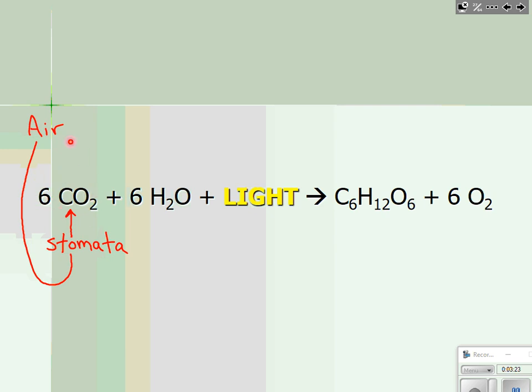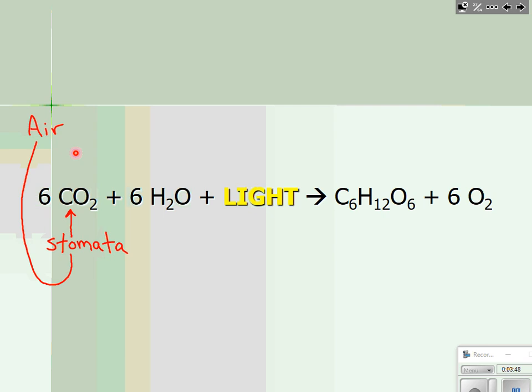Carbon dioxide is given off as a waste gas by animals and fungi and bacteria and protists, and even by plants. Plants produce carbon dioxide when they do aerobic cellular respiration, same as we do. So carbon dioxide is going to be available in the air surrounding the plant.